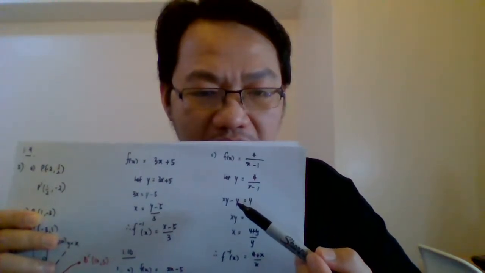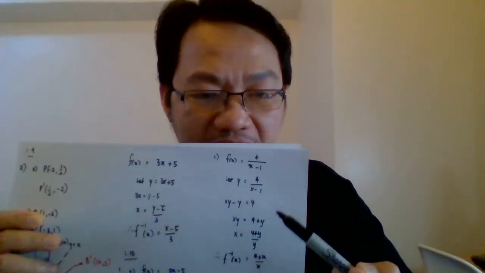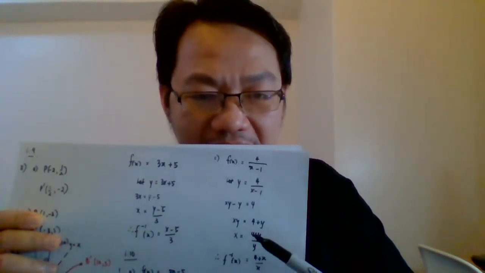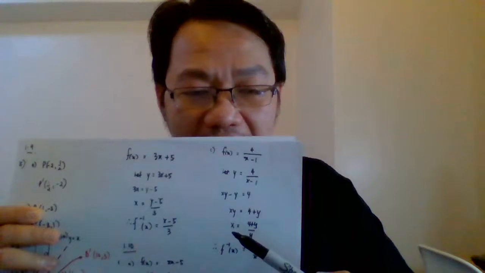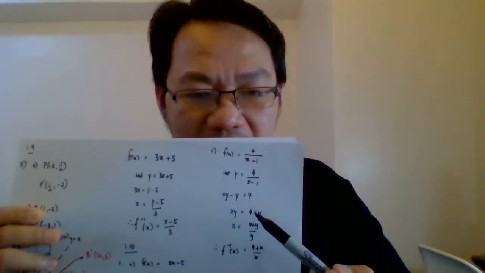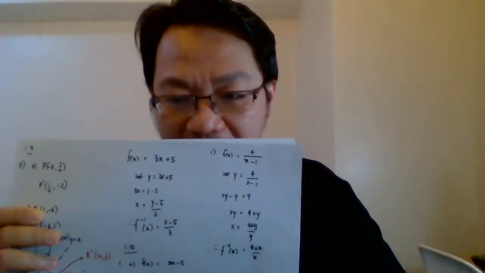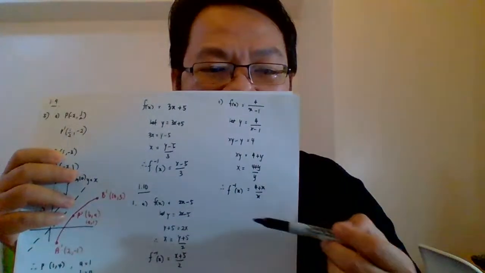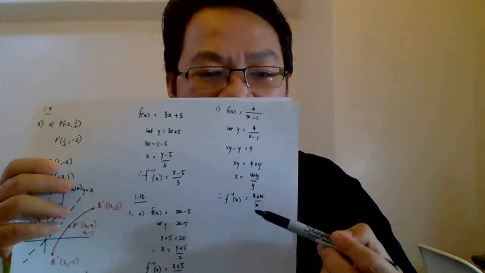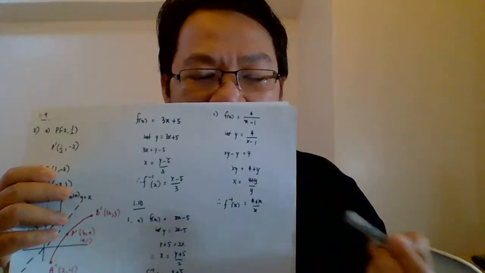This minus y doesn't have x, that's why I move this value to the right side. Now I just want x as the subject. This y brought up to here becomes over, that means divide. So dapatlah pakcik ini, f inverse equals 4 plus x over x. That's all.